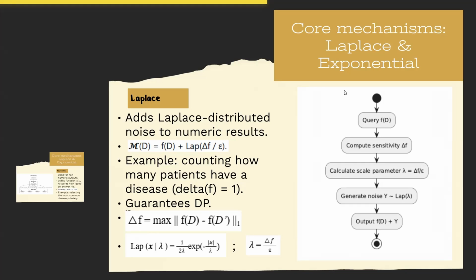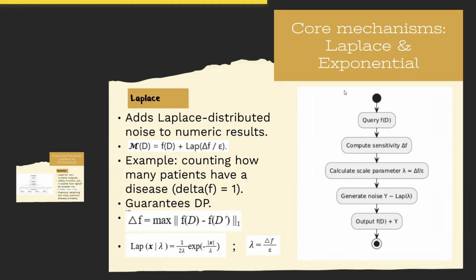Mathematically, it is shown as this formula here, where L1 norm means we sum the absolute differences across all components. So delta f tells us the worst case change in the output when one record changes.